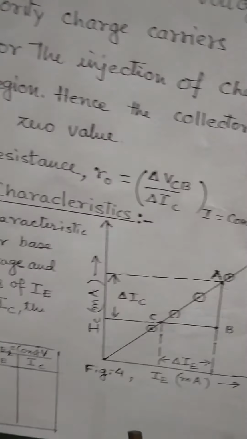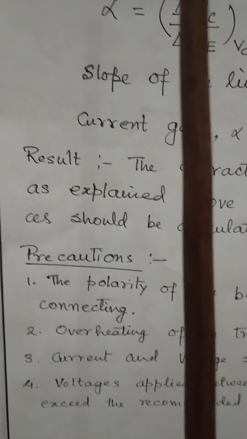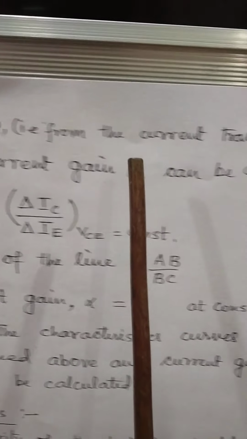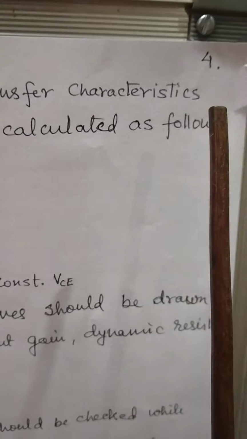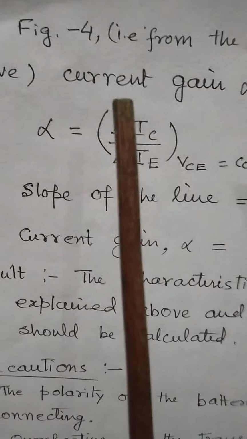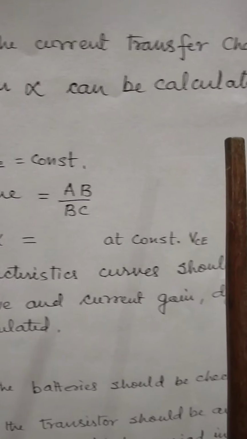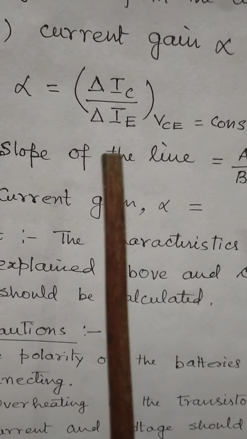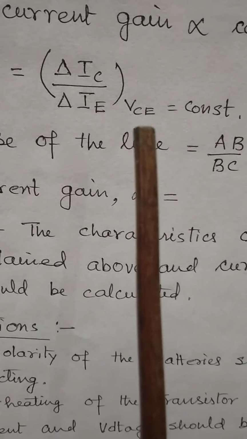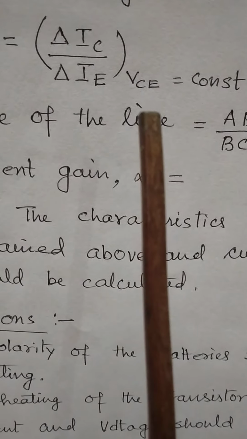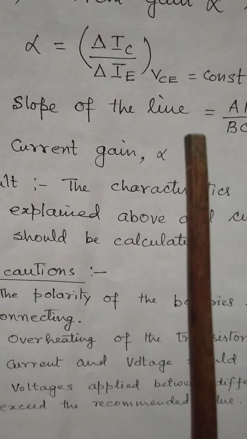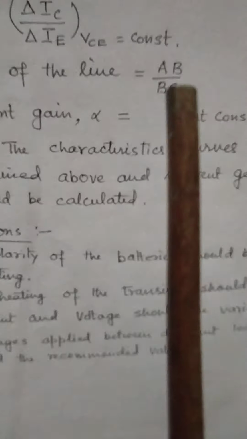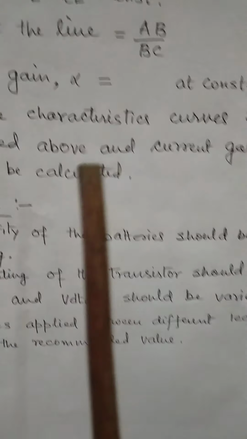This is figure number 4. Now from figure 4, that is from the current transfer characteristic curve, current gain alpha can be calculated. Alpha equal to delta IC upon delta IE for VCE taken as constant. Now the slope of this line is equal to AB upon BC.